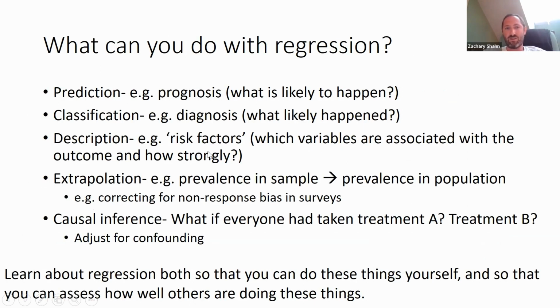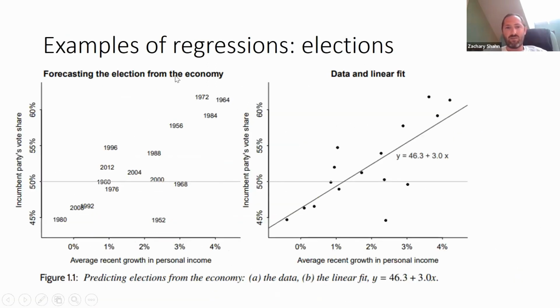Another possible use for regression is to identify risk factors, or just to identify variables that are strongly associated with an outcome and quantify how strongly they're associated. So this is just description. It's describing associations that are out there in the world. And again, the economy and the election example could fit under that category as well. You're showing that there's a very strong association between personal income growth and election outcomes.